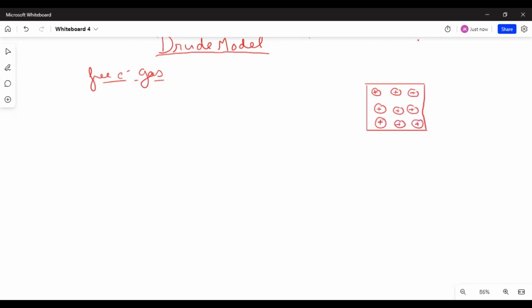This is a typical solid which has ionic cores in it, which are fixed in position, and around them is the sea of electrons which are roaming freely across the solid. This is called a free electron gas.